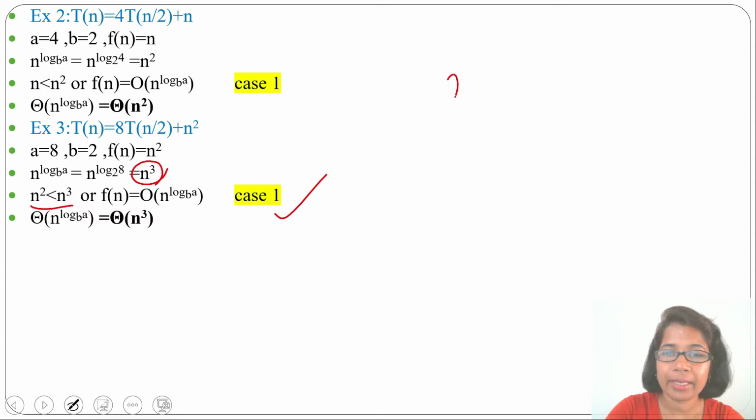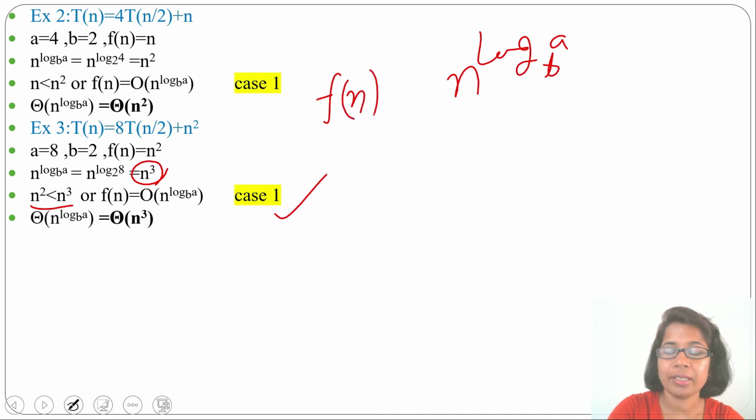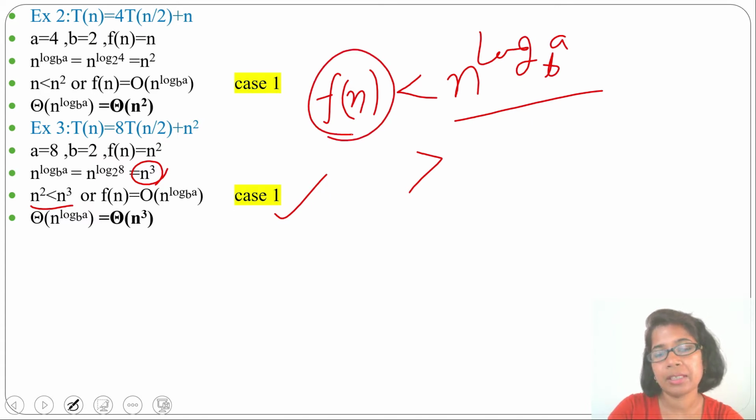So I need to find n power log a base b, and f(n) is already given in the recurrence relation. If f(n) is less than n power log a base b, then running time will be theta of n power log a base b. That is our case 1. If f(n) is higher than n power log a base b, that is our case 3, and in that case f(n) will be our running time.